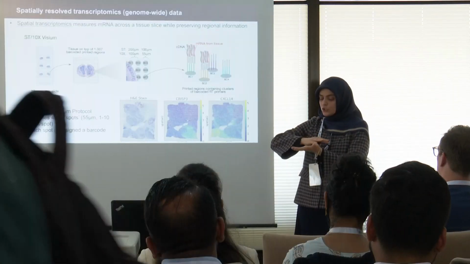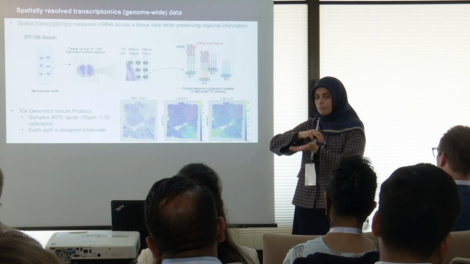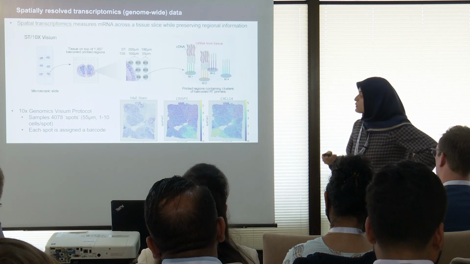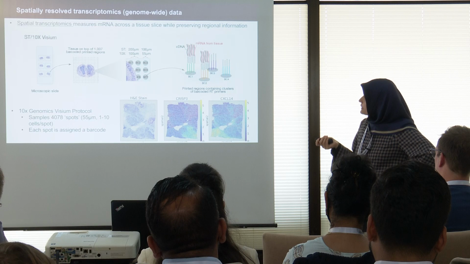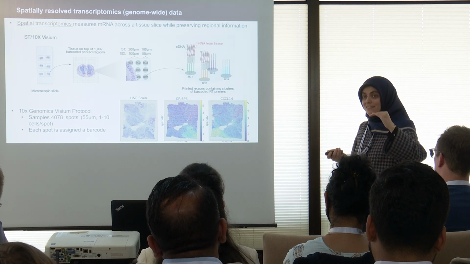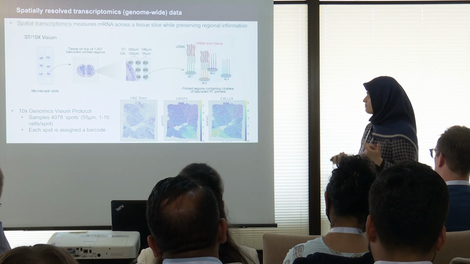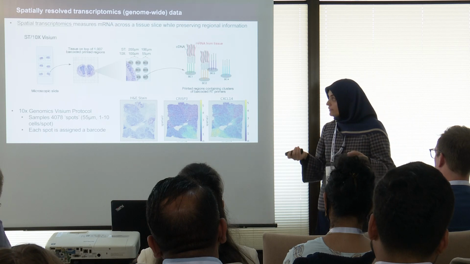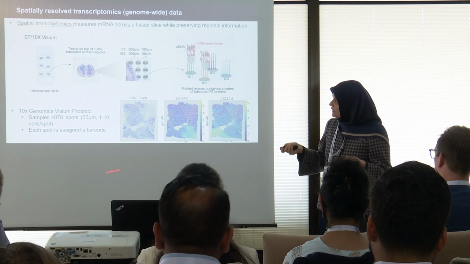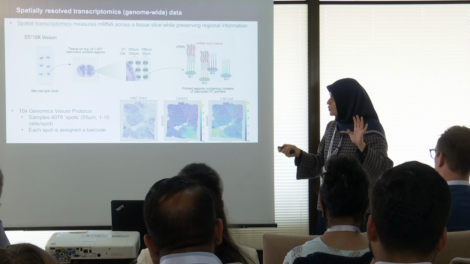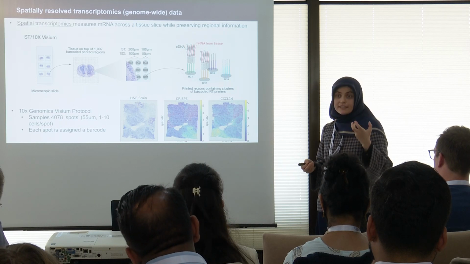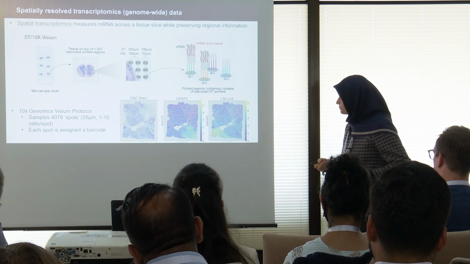Here we put the tissue on a slide where we have the barcodes available. When we perform this technology, we get both mRNA levels as well as the location of the cells. This also allows us to get H&E staining of the same tissue, which gives us morphological information.